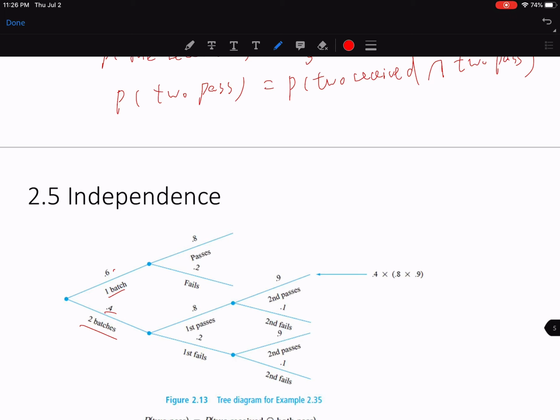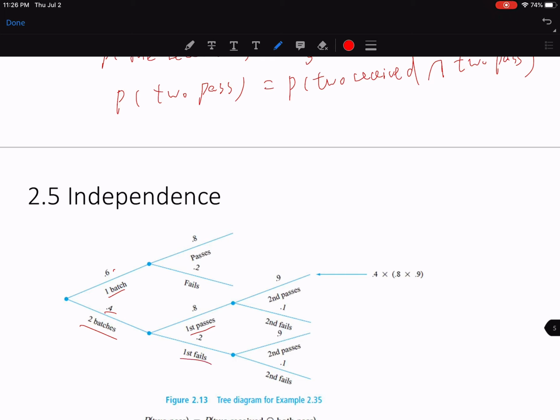Once we have 2 batches received, we're going to have 2 different situations. Once we get the 2 batches received, we want to think of whether the first one passed or not. So the probability that the first passes is 0.8, and the probability the first fails is 0.2.